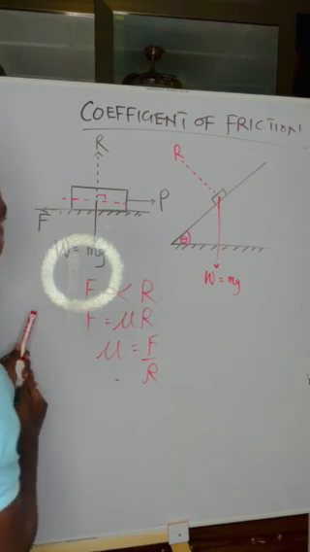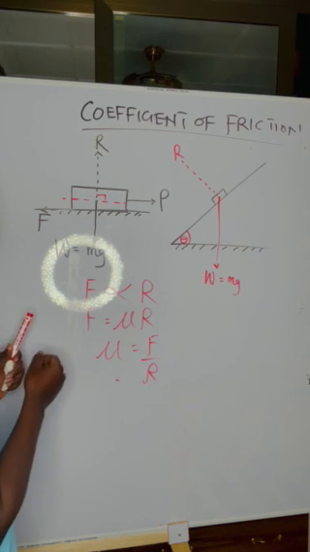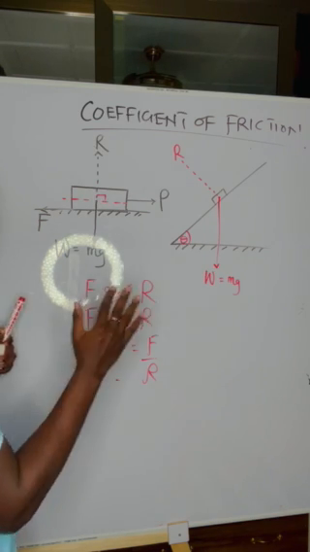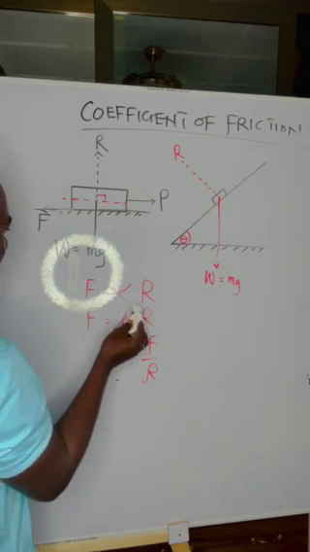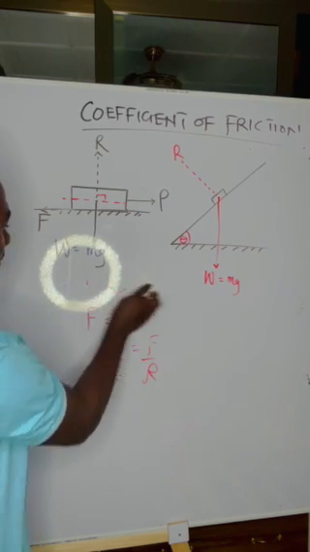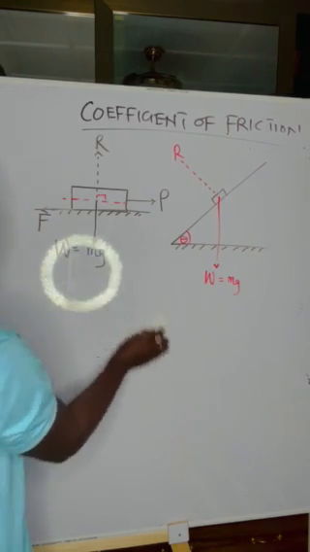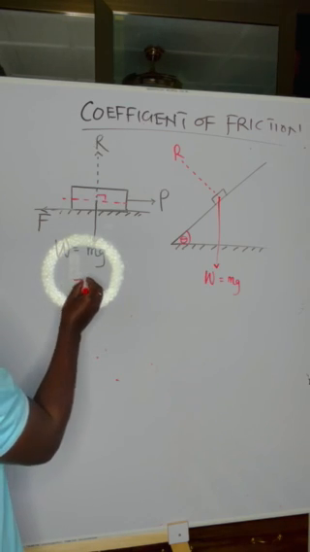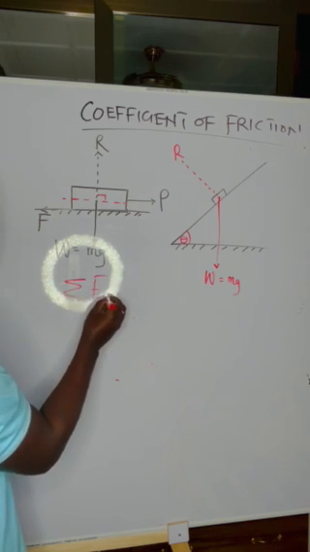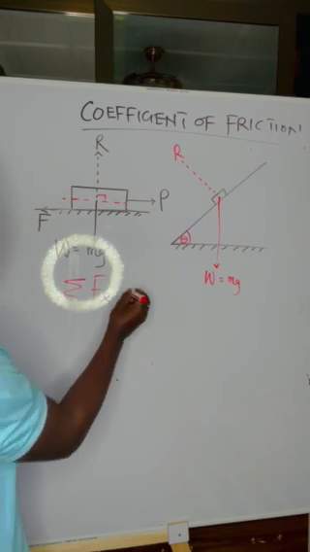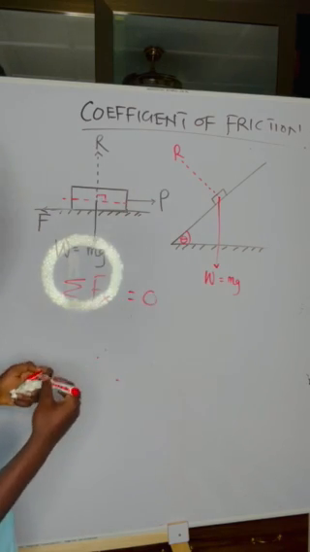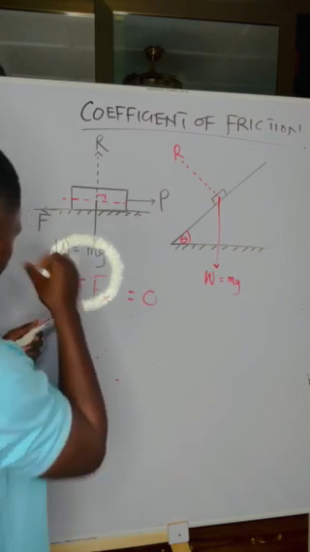From the diagram, when we look at all forces in the x direction, the summation of forces in the x direction, summation Fx, should be equal to 0 when the body is in equilibrium.